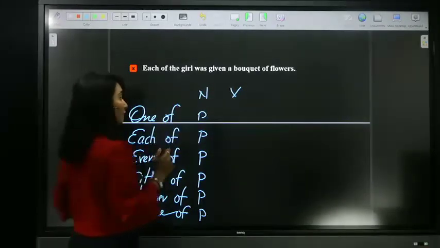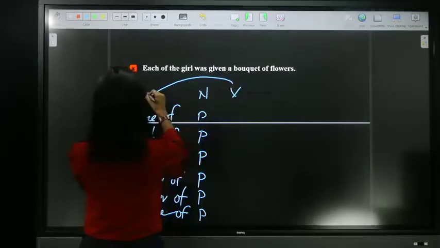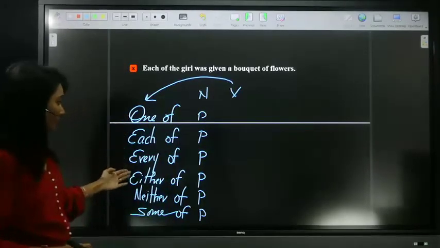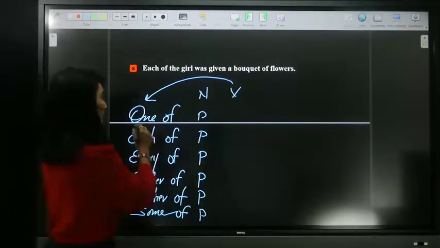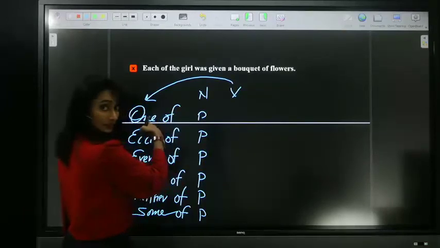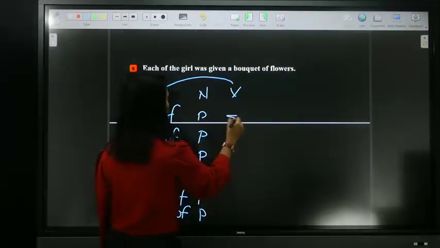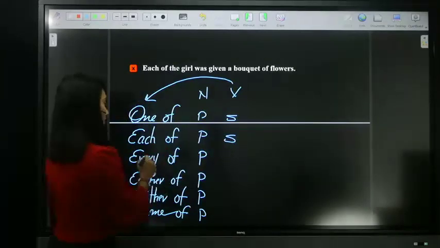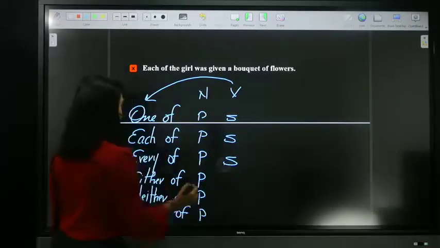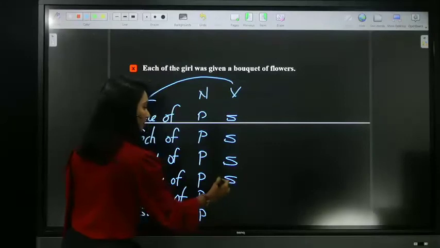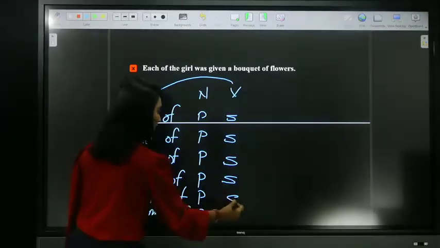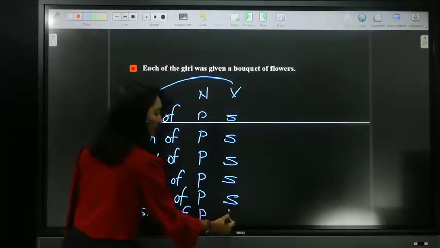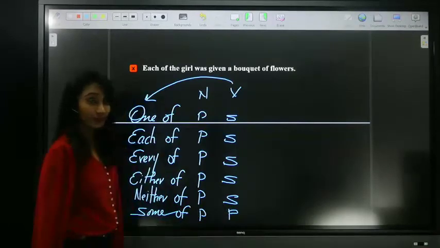But the verb depends on the actual subject. The actual subject is one, each, every, either, neither, some. So here the verb refers to one, singular. Here it refers to each, one at a time, singular. Every, one at a time, singular. Either, one at a time, singular. Neither, one at a time, singular. Some, plural. Right?